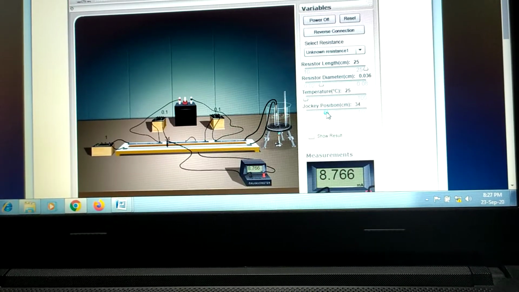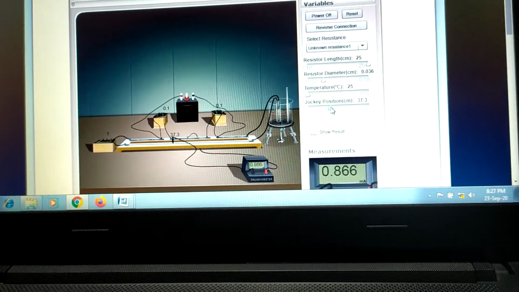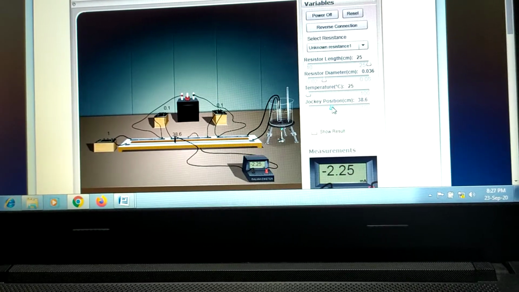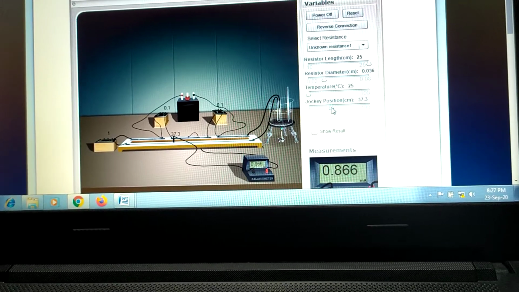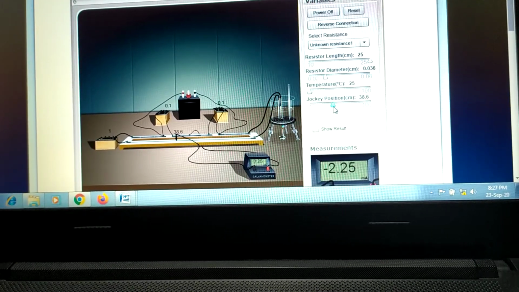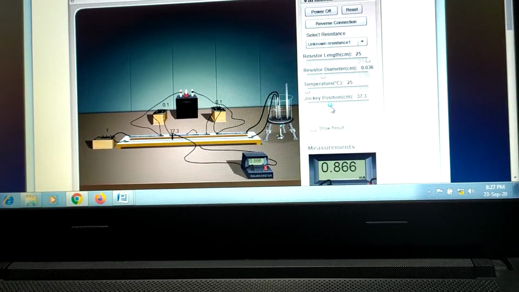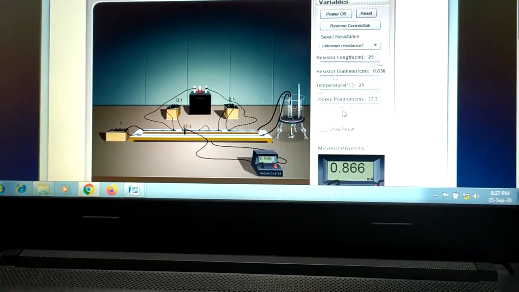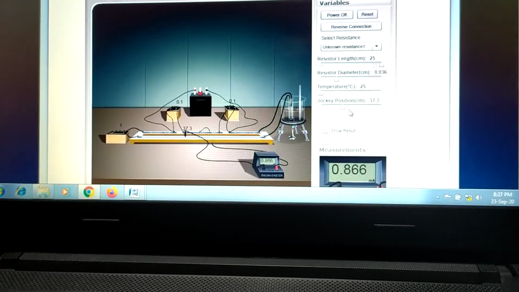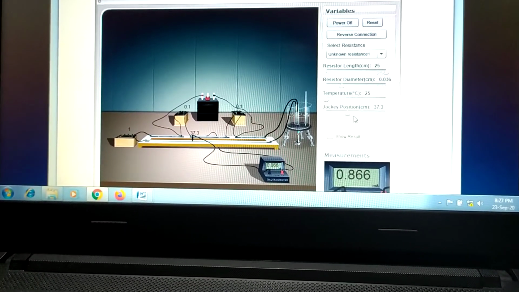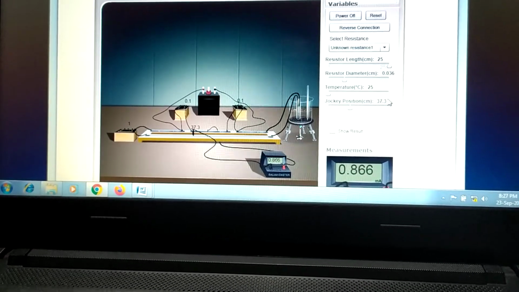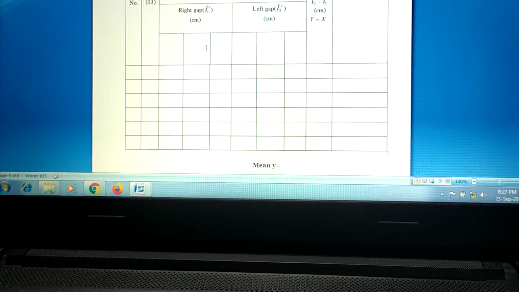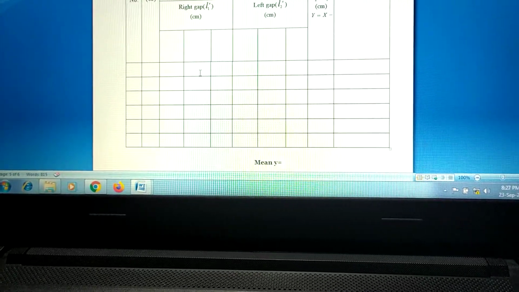Say it's 0.86, you make it 0 or very close to 0, and that value is 37.3. In the similar way you write the value for the right gap, that is L1 prime, 37.3.